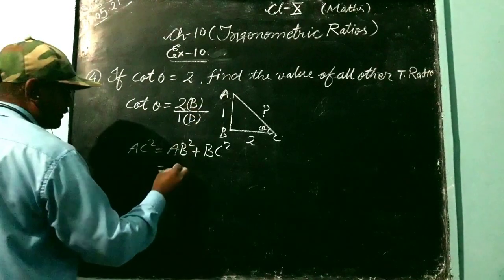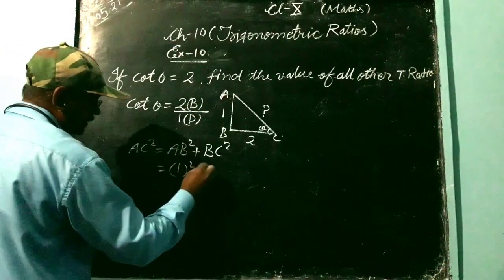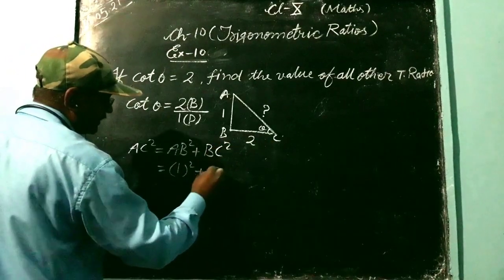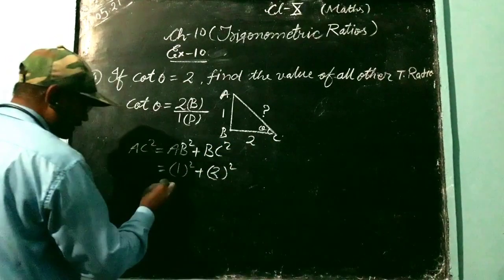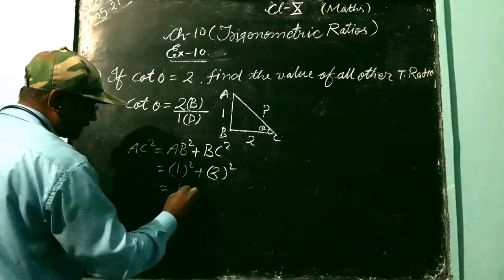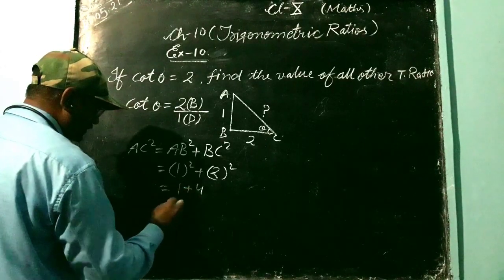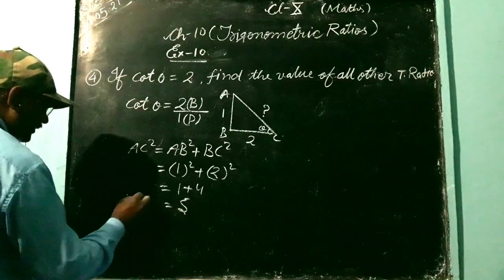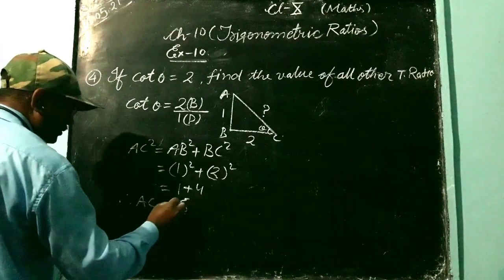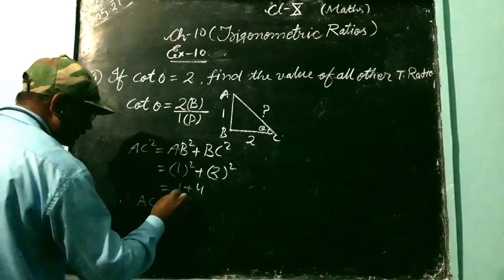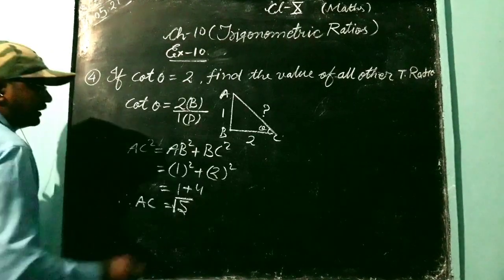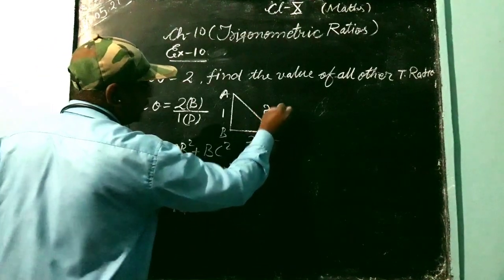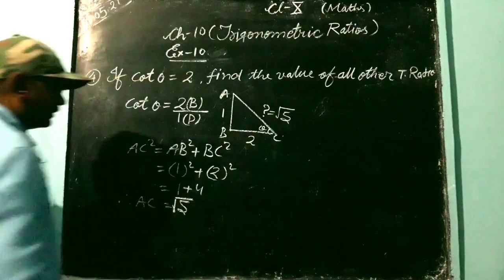AB is 1, so its square is 1, BC is 2, so its square is 4. Then 1 plus 4 is equal to 5. Clear? Therefore AC is equal to under root 5. Clear, students?